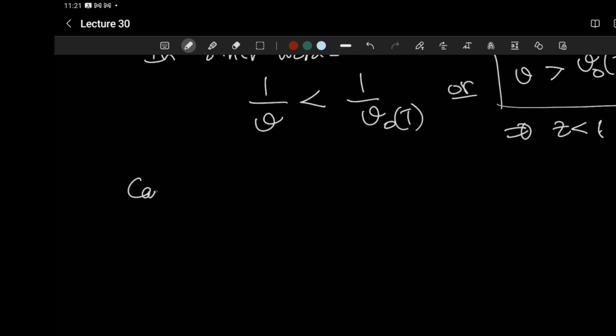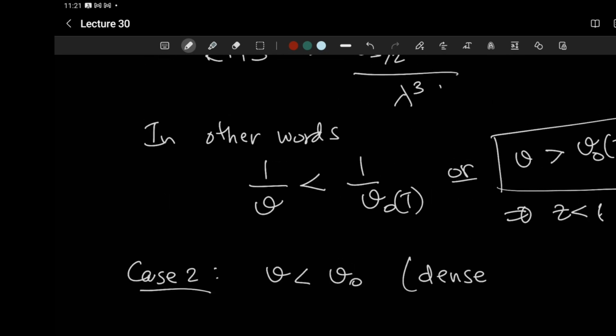So the second case, okay, is V being now less than V naught. So here this is the dense gas.